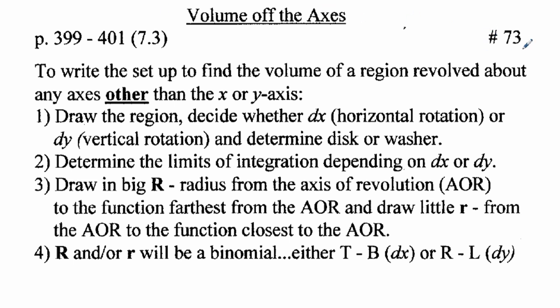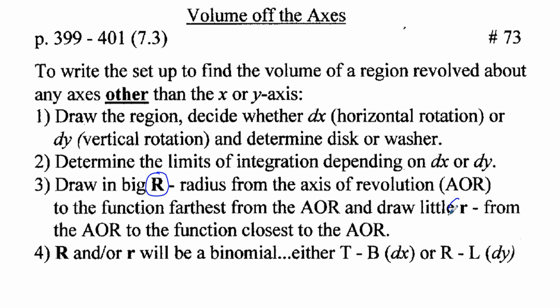This lesson 73 is an extension of lesson 72, which was using the washer method to find a volume. So we're going to see what happens here. Again, the same thing as in lesson 72. You have a big R that you find. That's going to be your outside radius from the axis of revolution.